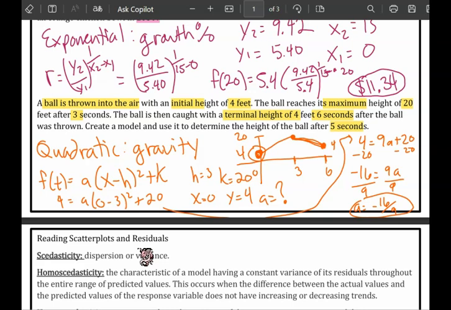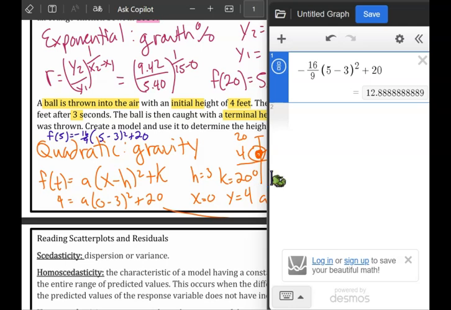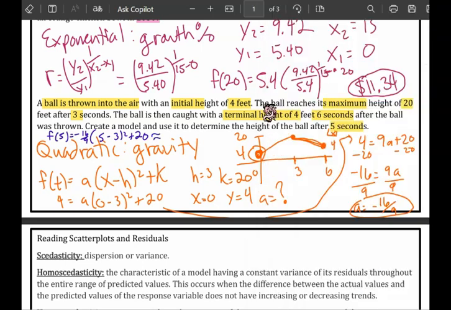Now that we have the formula, we want to find the y value when x is 5. And we'll plug this into the calculator. And then we get about 12.9. 12.9 feet.